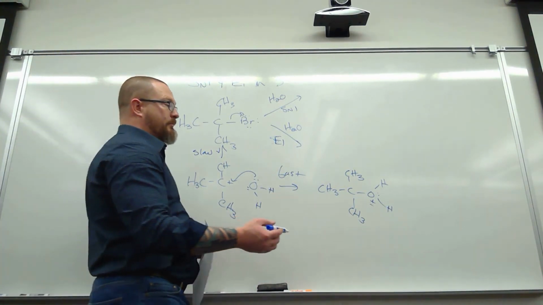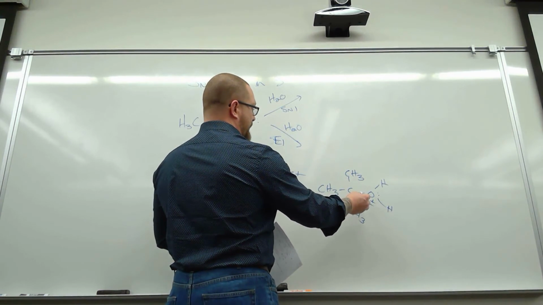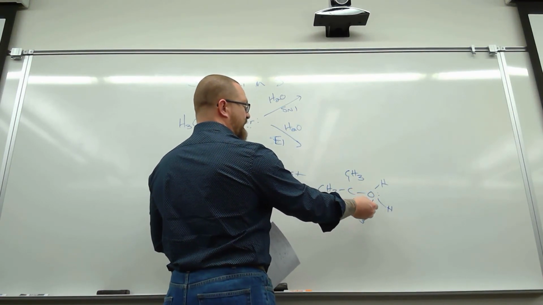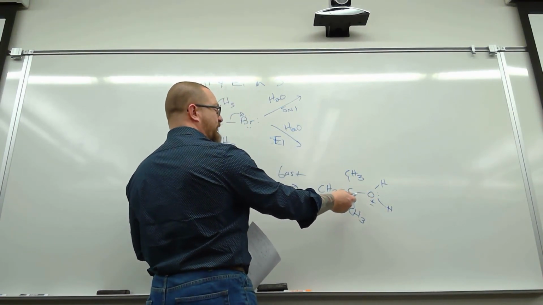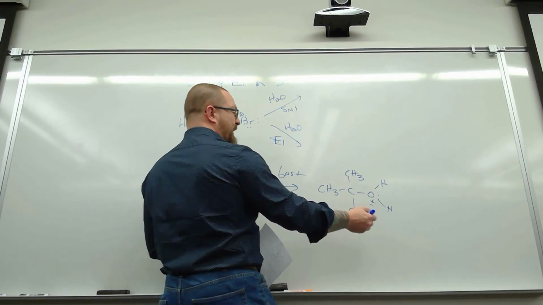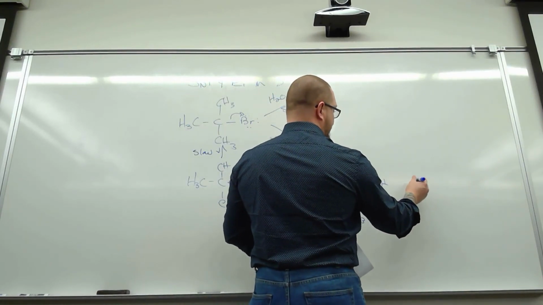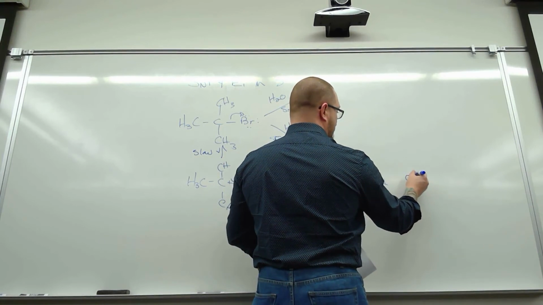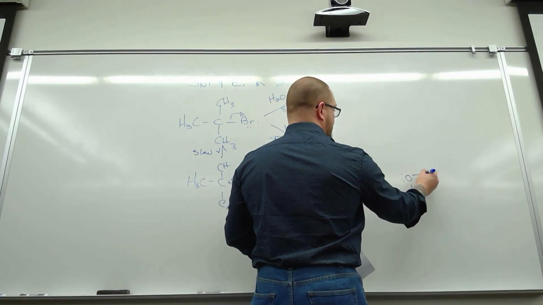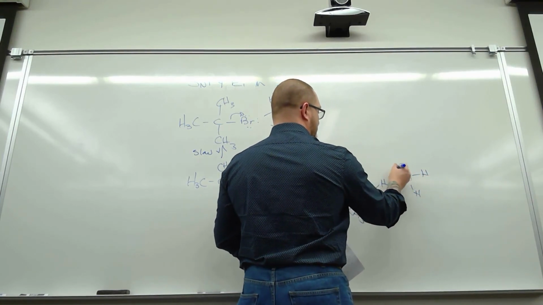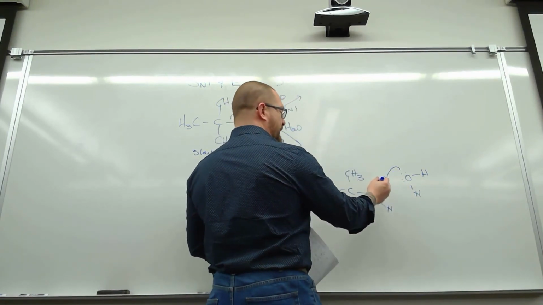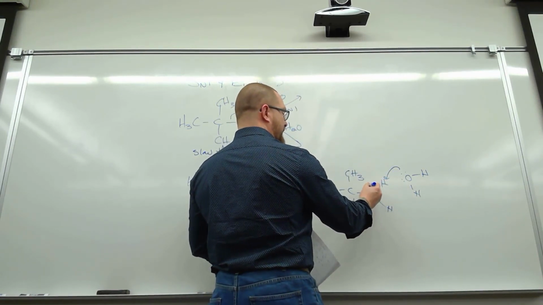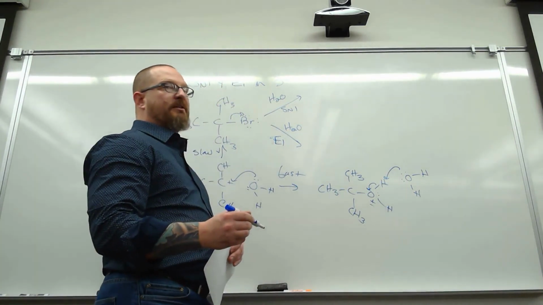Now, what could happen is we could break this bond spontaneously and give the electrons back as part of a reversible process. But what happens faster is we just generate an acid. So we come in with a second equivalent of water, pick up that proton, break this bond, and push the electrons to that oxygen.